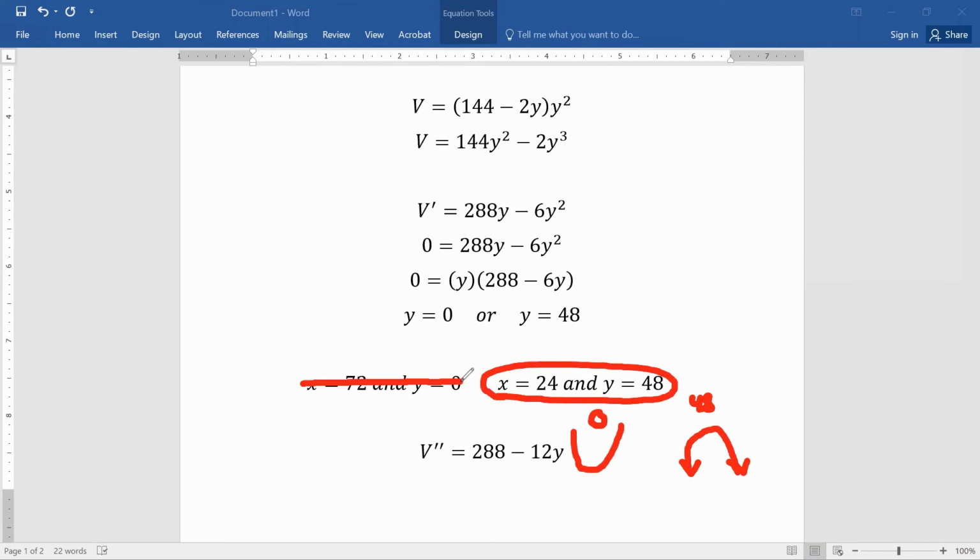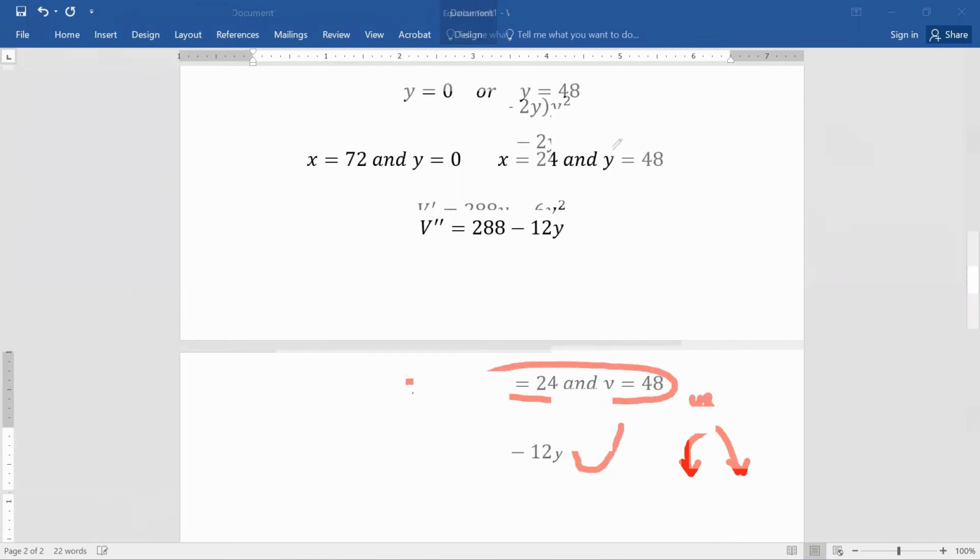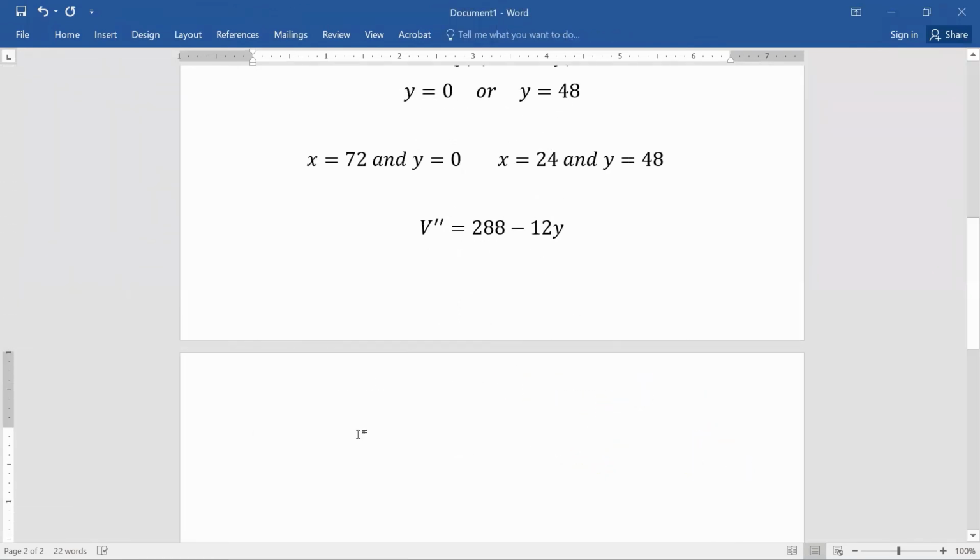That pair would give me a minimum. So in order to get a maximum, I use x equals 24 and y equals 48. V is maximized when x is 24 and y is 48.